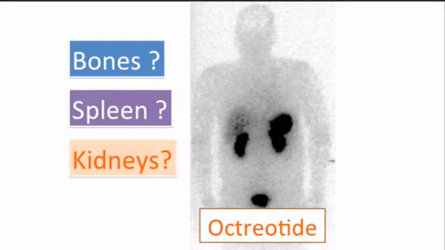So this is an octreotide scan. Remember, we see the liver, we see the spleen. So this is sort of the last one. Kidneys, yes. So the red pulp of the spleen expresses a high affinity for the somatostatin receptor, which is how octreotide works.